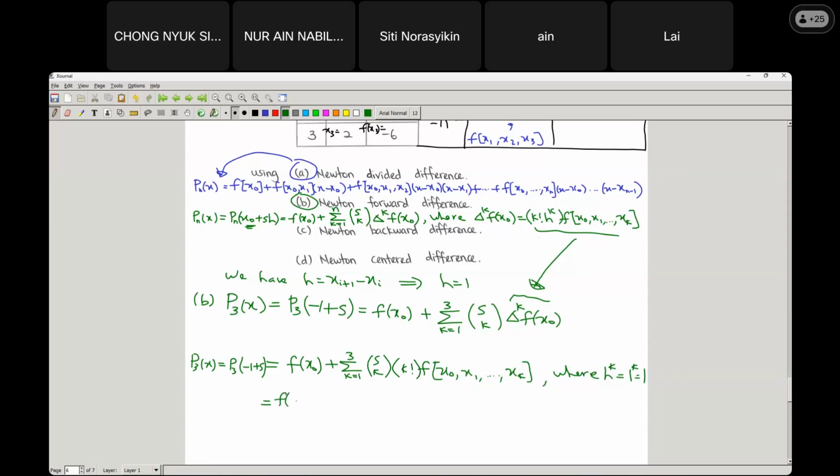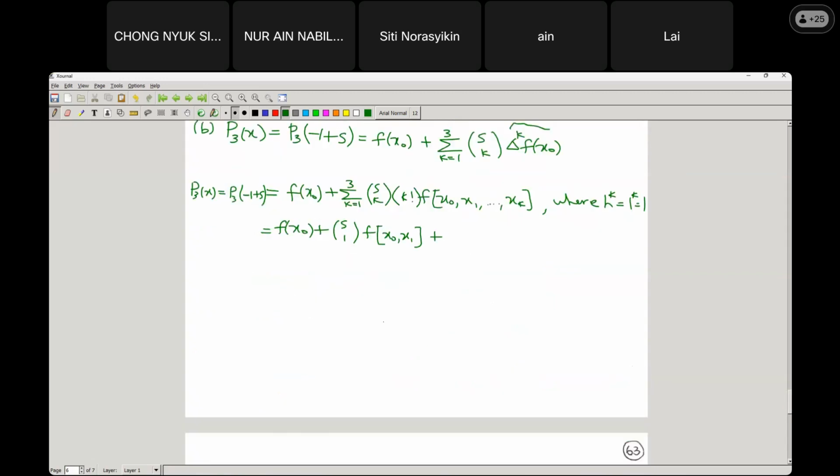Now we begin to substitute the value of f(x0), or you can expand first, which also works. So this is f(x0) plus, when k equal to 1, I have (s choose 1), and then 1 factorial is 1, times f[x0, x1], since k is equal to 1. Let me scroll down a bit.